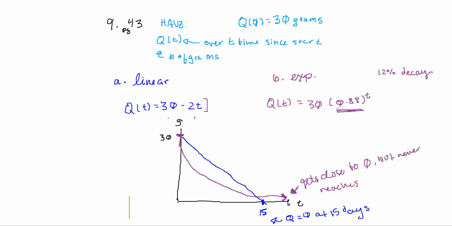Is everybody okay with that? So in terms of sketching this graph, the only one with the actual intersection with the x-axis or the t-axis is going to be the linear equation. Infinite air freshener, exactly. Well, if we're looking at this, it makes sense because it's 12% per day.